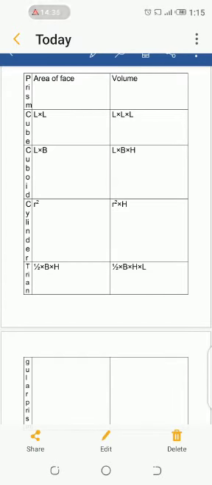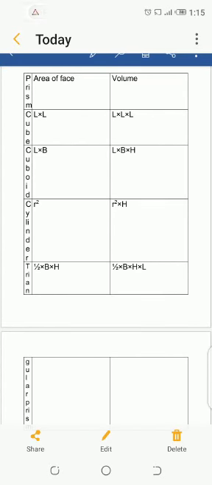For a cylinder, the area of the face is pi r square. And so the volume will give us pi r square h. I beg your pardon, that is not showing clearly on the screen. Where you have r square is supposed to be pi r square for the area of the face. Then the volume is pi r squared times h.